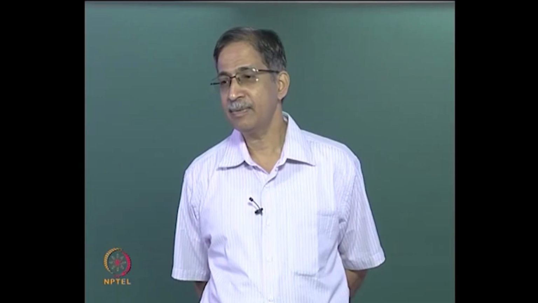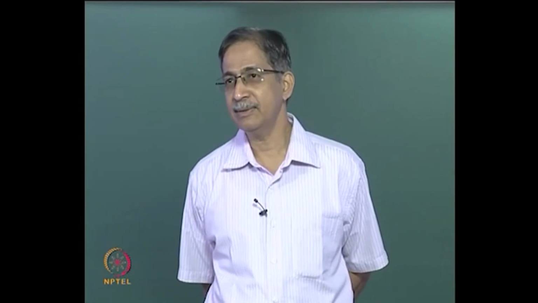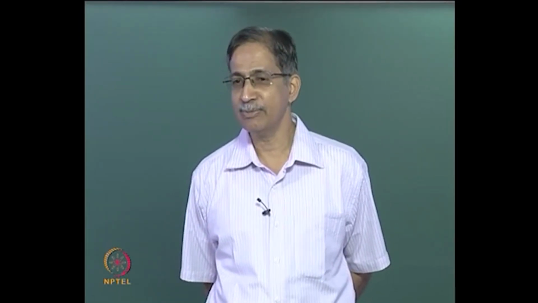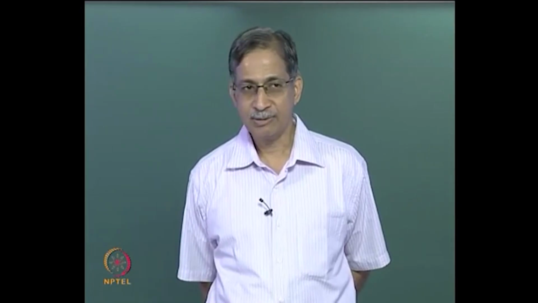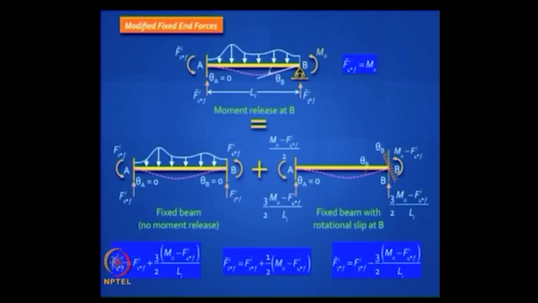Not only that, from 4EI/L it goes to 3EI/L, the flexural stiffness, and 6EI/L² becomes 3EI/L², etc. So we've done this earlier, and if you have hinges at both the ends, the second and fourth rows and columns will become zeros.